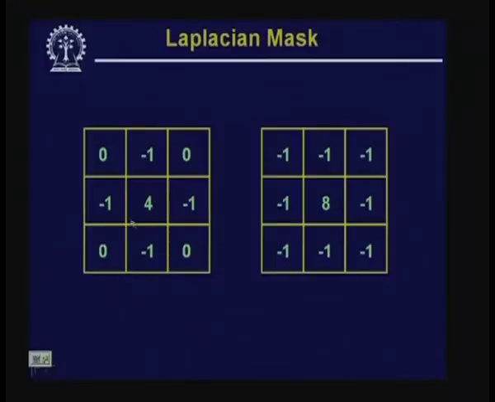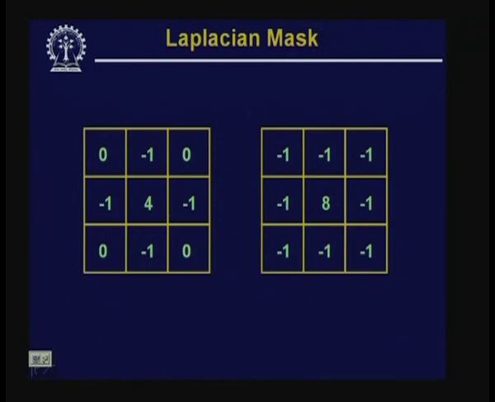And in the spatial domain, the Laplacian operator that we have used earlier was of similar nature. The Laplacian mask that we have used, we have seen that the center pixel has a positive value, whereas all the neighboring pixels have negative values. And this is true for both the Laplacian masks, whether I consider only the vertical and horizontal components, or along with the vertical and horizontal components, I also consider the diagonal components.